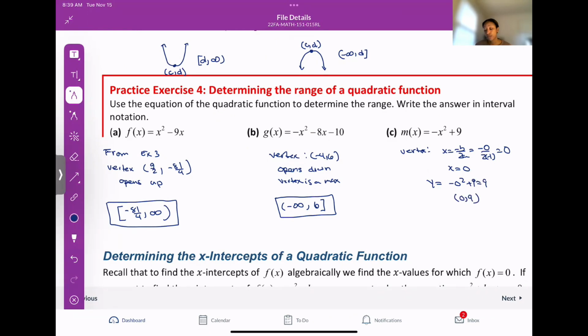Now that we know the vertex is at 0, 9, this is a downward opening parabola. The vertex is a maximum. So our range is going to be from negative infinity all the way up to positive 9.